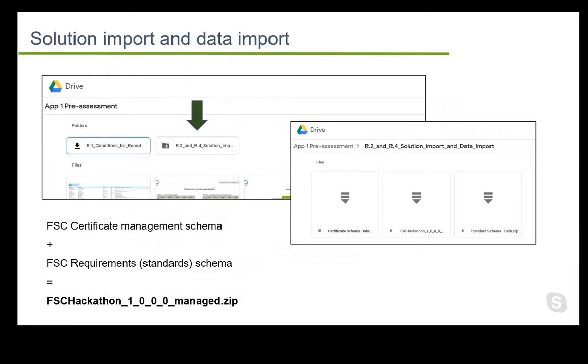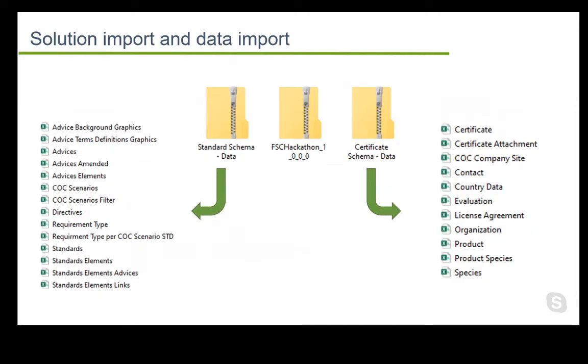For the hackathon proposals, both schemas that we present in the technical guide, the certificate management schema and the FSC requirements schema, are inside this FSC hackathon managed zip. So this is the solution file, and those 2 other files are the data that you need to import into the solution.